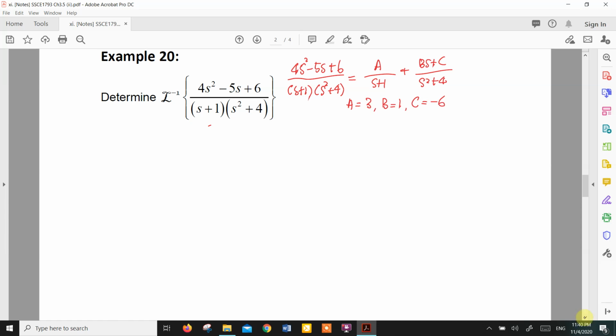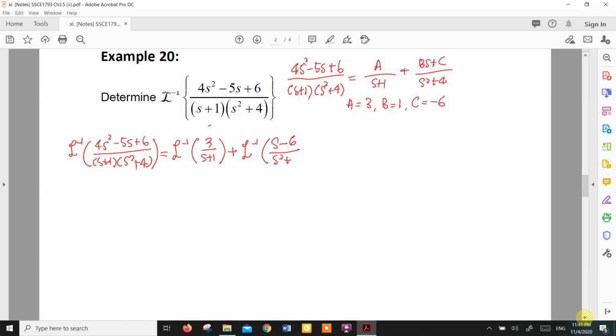So the inverse Laplace of s square minus 5s plus 6 over (s plus 1)(s square plus 4) equals the inverse Laplace of 3 over s plus 1 plus the inverse of s minus 6 over s square plus 4.